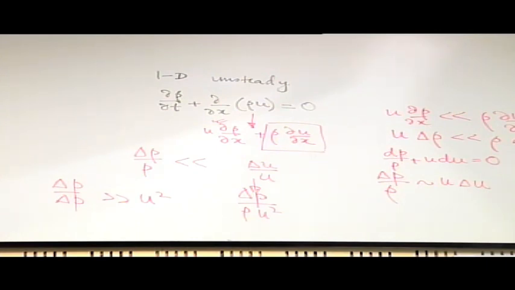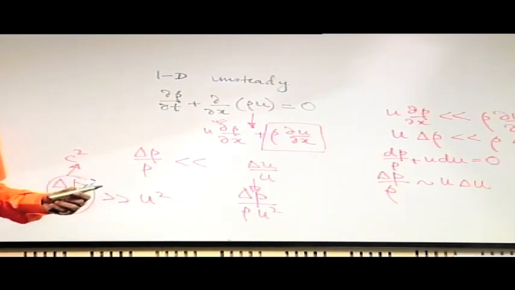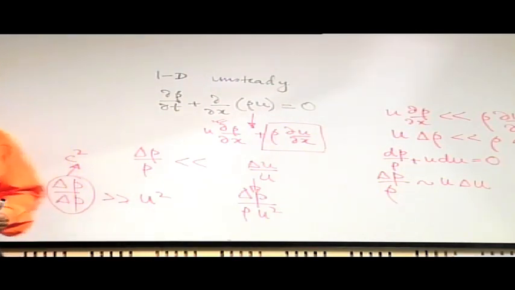So, what is delta P by delta rho? We will see very soon that this delta P by delta rho is an indicator of the sonic speed within the medium. So, let us say that c is the sonic speed within the medium. So, this in fact may be written as c square, where c is the sonic speed, that is the speed at which disturbance propagates through a medium.